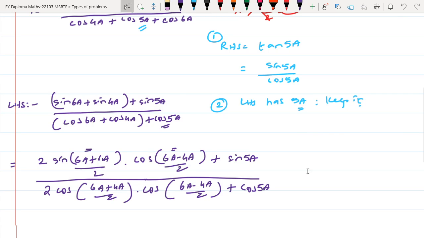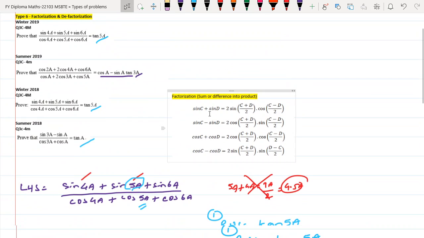Don't forget that angle. Okay, basically I've just applied these two formulas here, the first one and the last one.